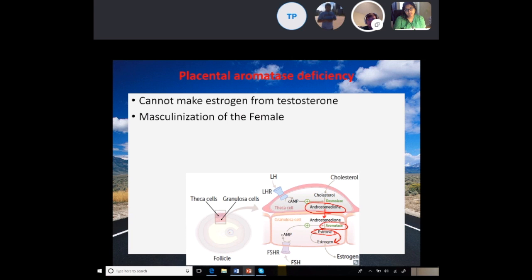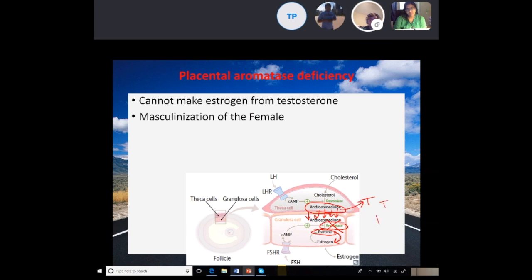Now, the issue is, if aromatase is dysfunctional, you're going to get a buildup of androstenedione, and peripherally, if that doesn't get turned into estrone, then it is going to turn into testosterone.